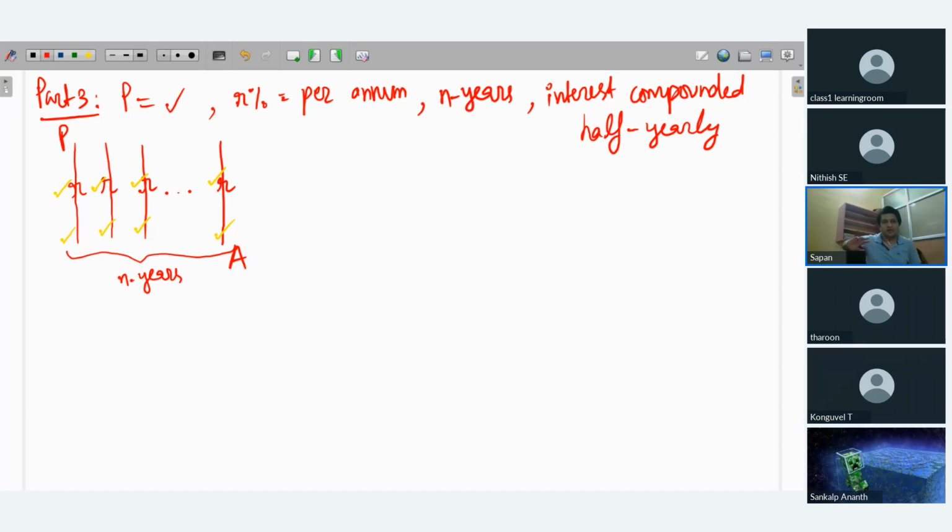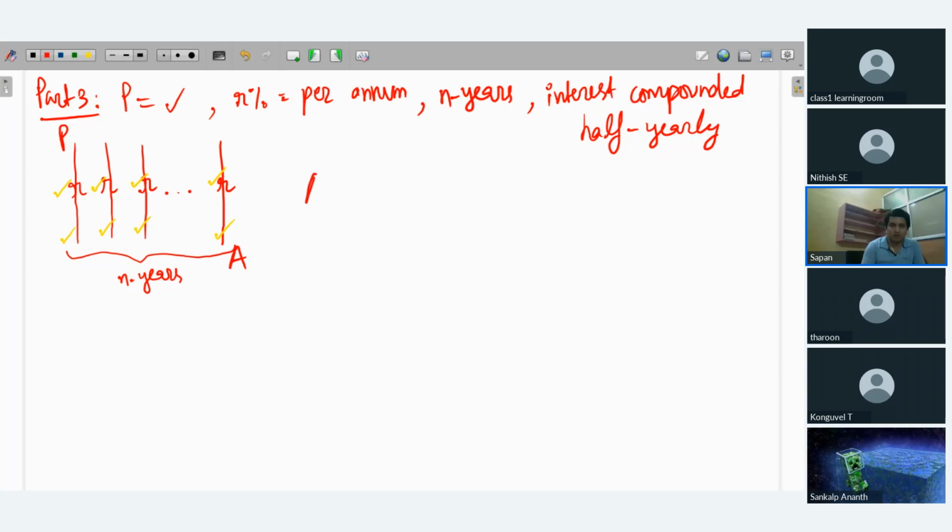You know from the hard way that you can calculate every year's amount and principal and then get down to the last amount. But is there a smarter way to do it? The answer is yes.